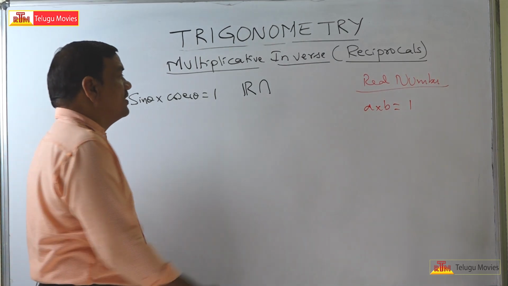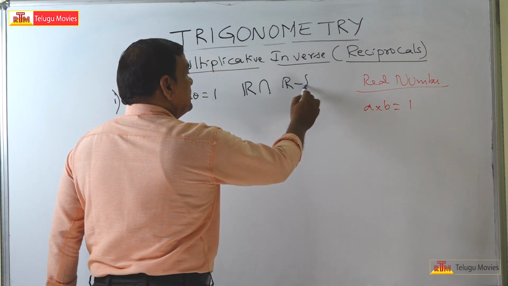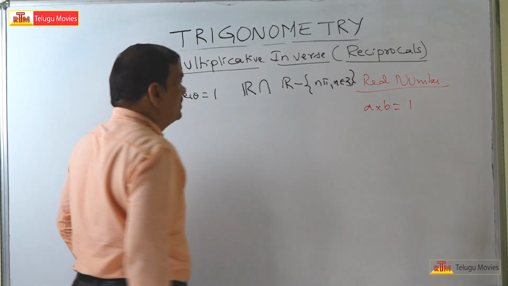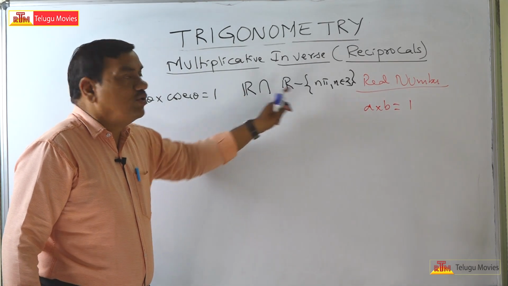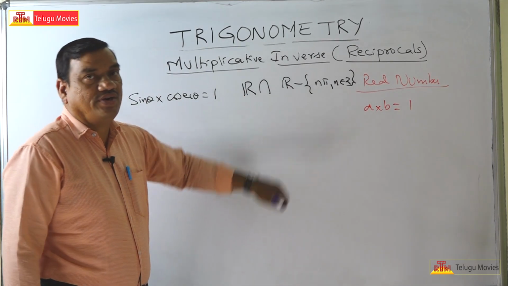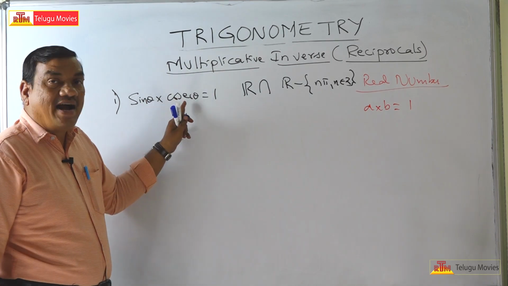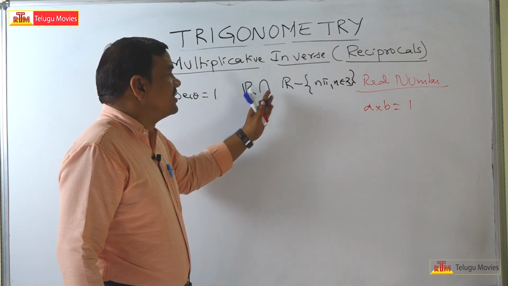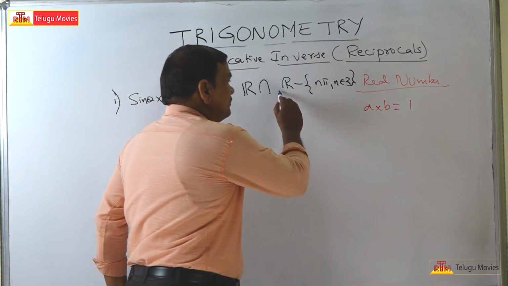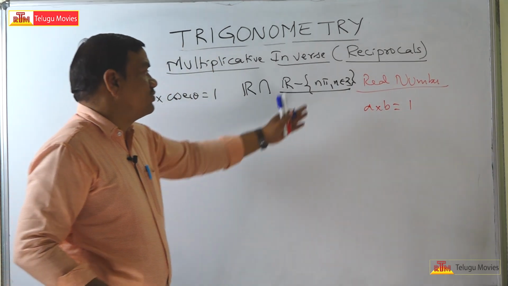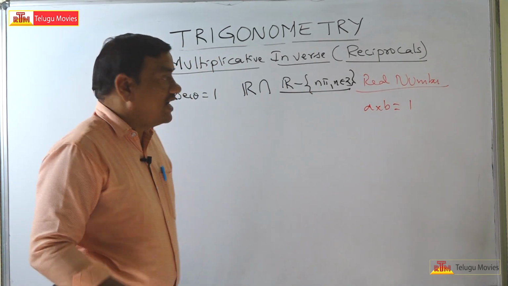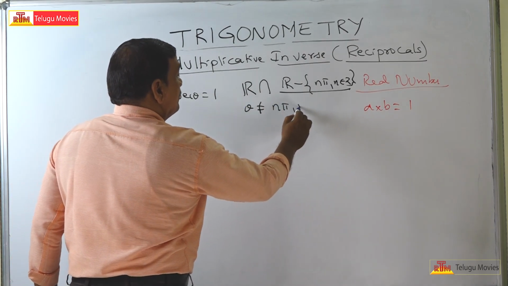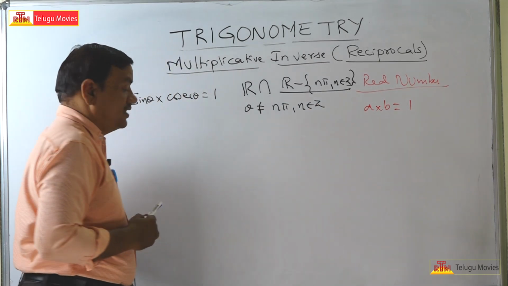The set of all real numbers except n pi, where n belongs to Z. Always take the intersection of the two domains. R intersection this set means the small set will come. That means theta does not belong to n pi, where n belongs to Z. Understand this?